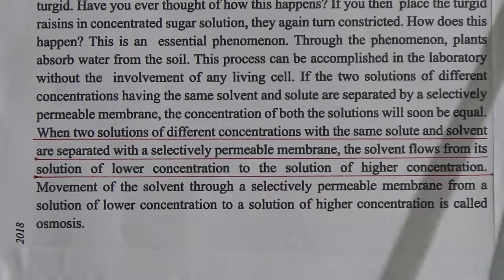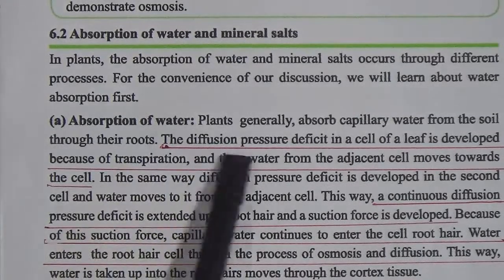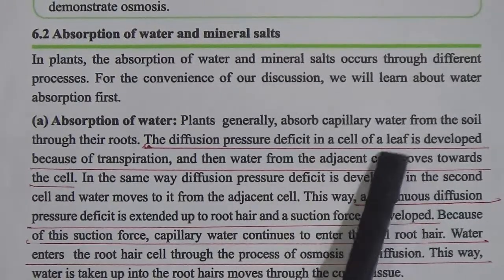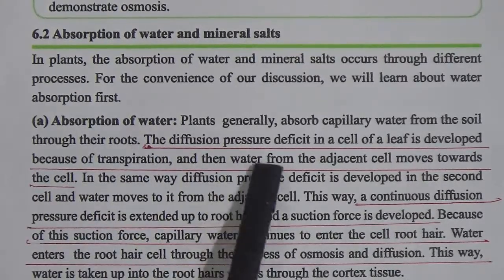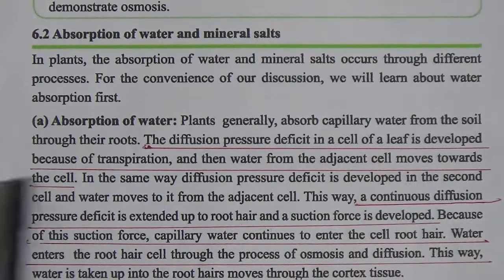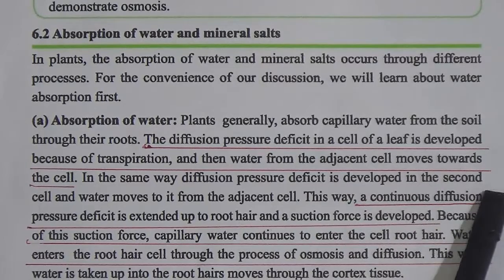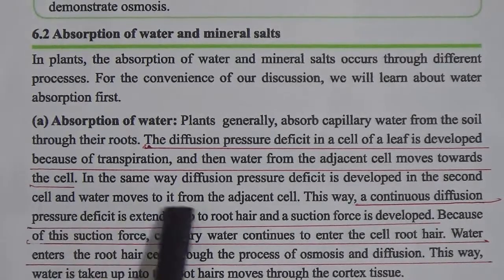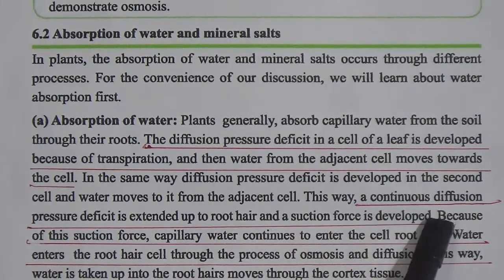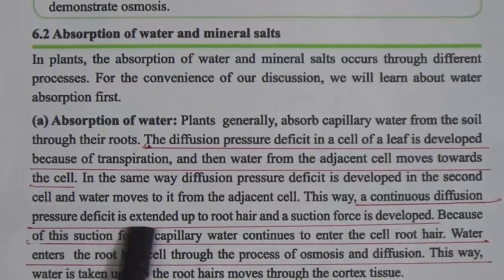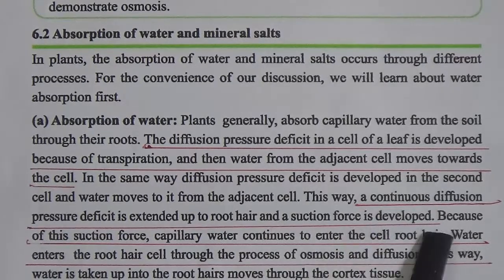Now come to the absorption of water and mineral salt. The diffusion pressure deficit in the cell of a leaf is developed because of transpiration, and then water from the adjacent cell moves towards the cell. In the same way, diffusion pressure deficit is developed in the second cell and water moves to it from the adjacent cell, and continuous diffusion pressure deficit is extended up to the root hair, and the suction force is developed.